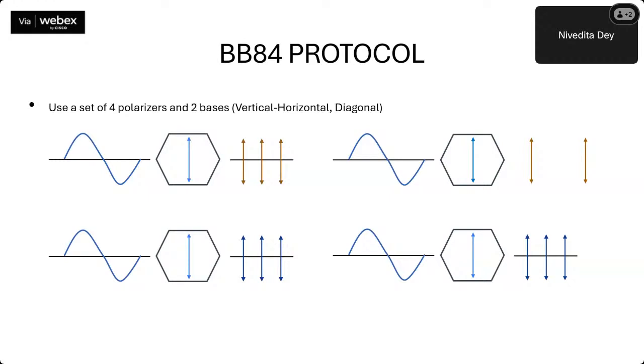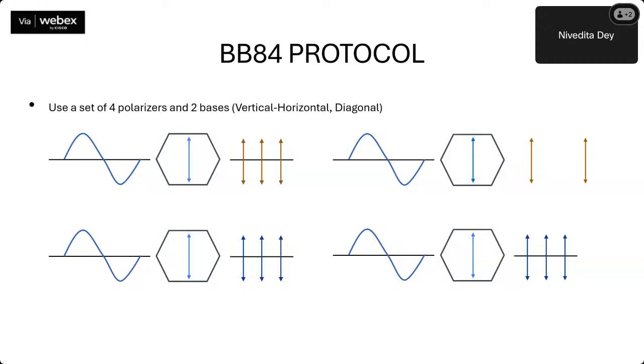We also call the horizontal-vertical basis H/V and the diagonal basis plus slash minus. Plus and minus have their respective meanings to encode 0 and 1. Similarly, horizontal gets 0 and vertical gets 1. So the zeros and ones are encoded into these two bases.